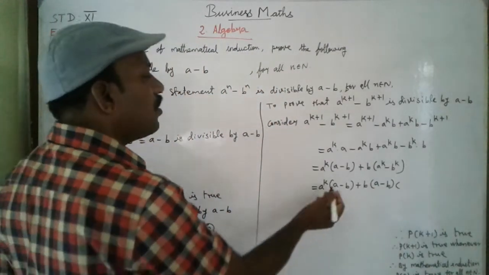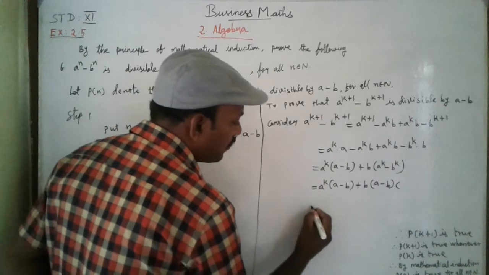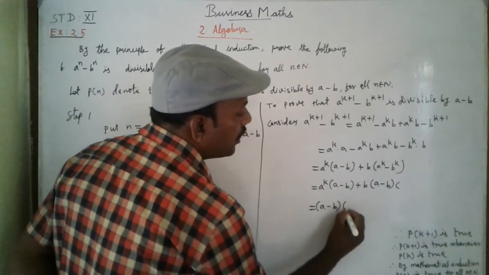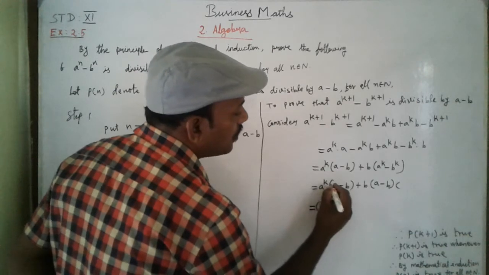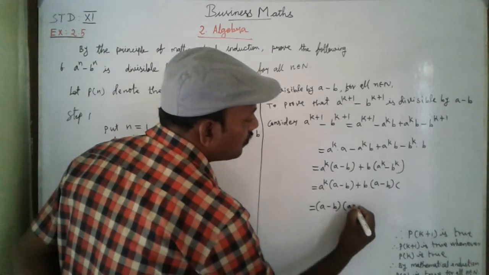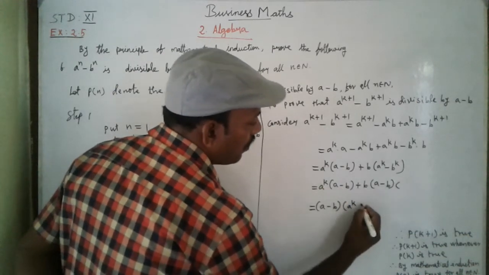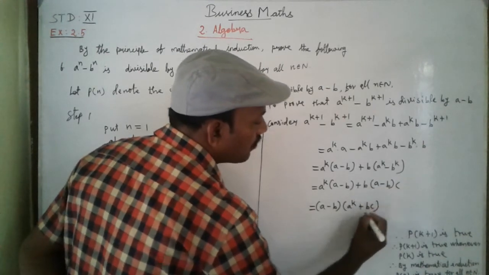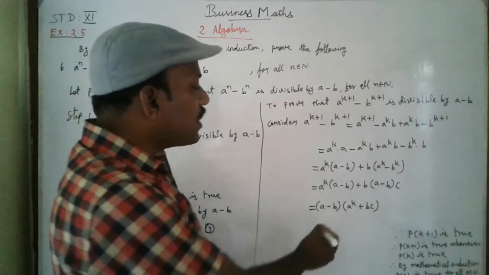We should take a minus b as common from both terms. a minus b into the remaining, which is a power k plus b into c, bc. So it is divisible by a minus b.